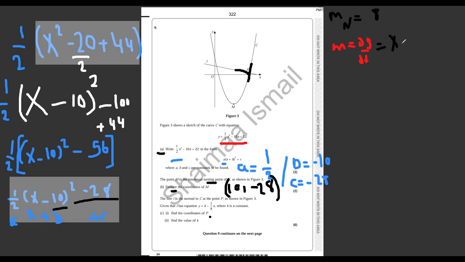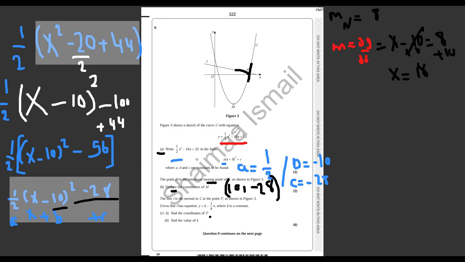So x minus 10 will be equal to 8. So x here will be equal to 18, plus 10 on both sides.